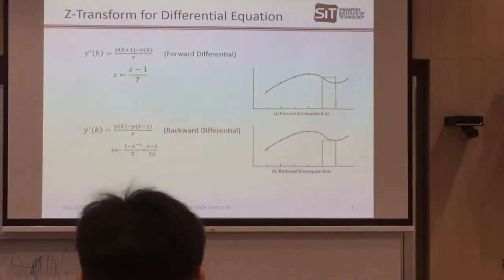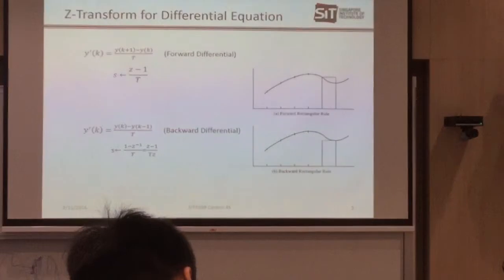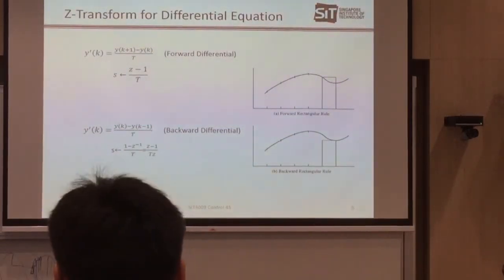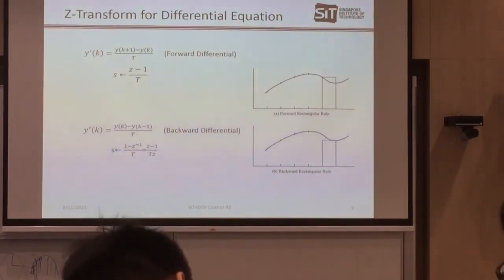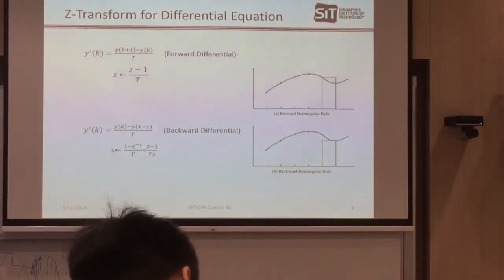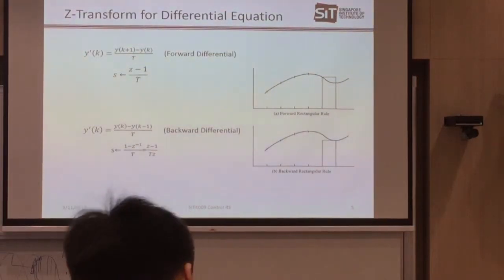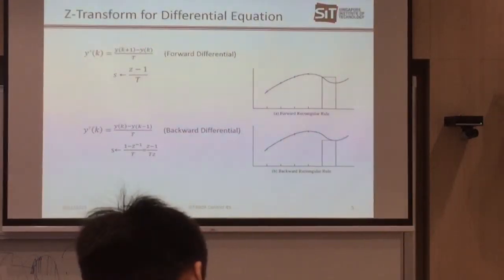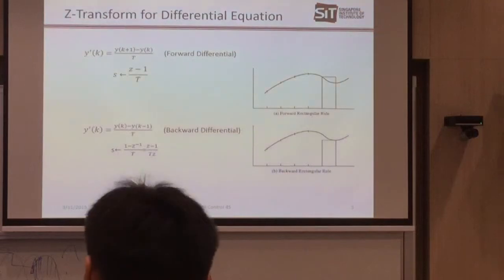If you do the transform of this one, and use the differentiation and divide by your Yz, what you get is your equivalent S in your Z domain. So this is your Z minus 1 divided by T. Okay, similarly for the backward.